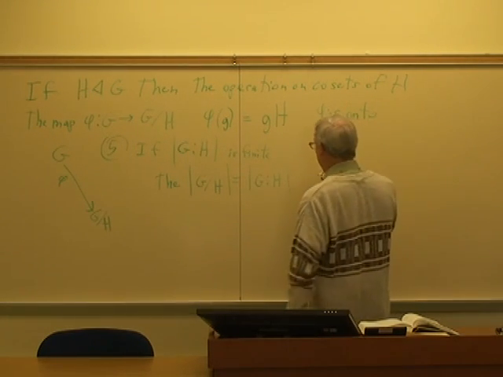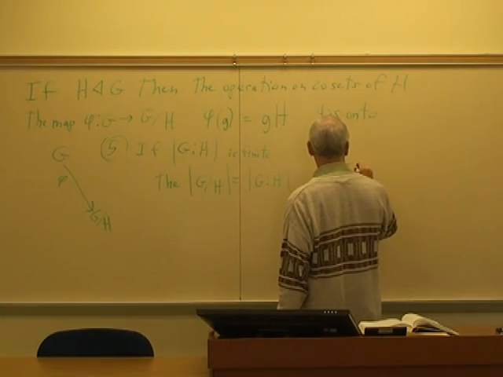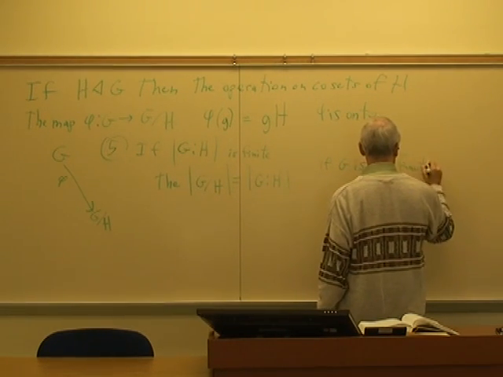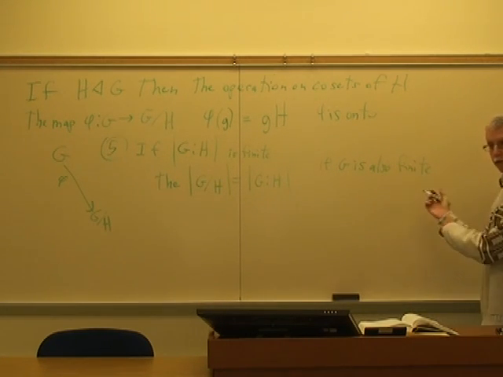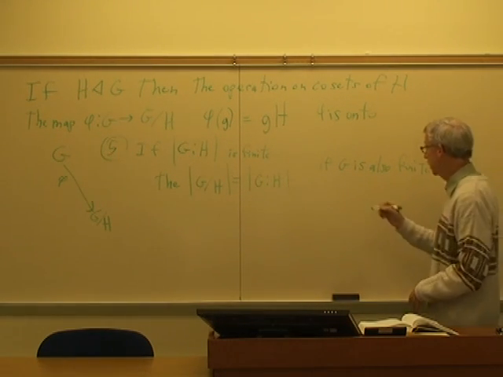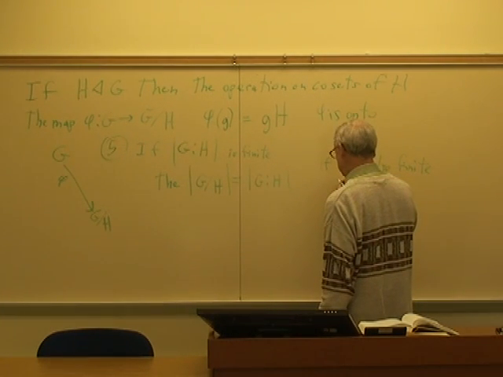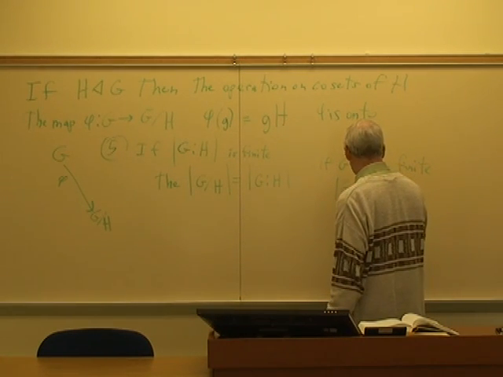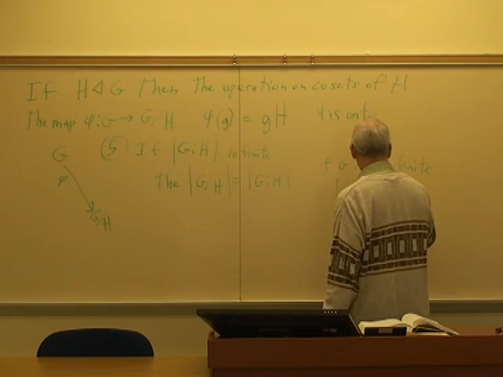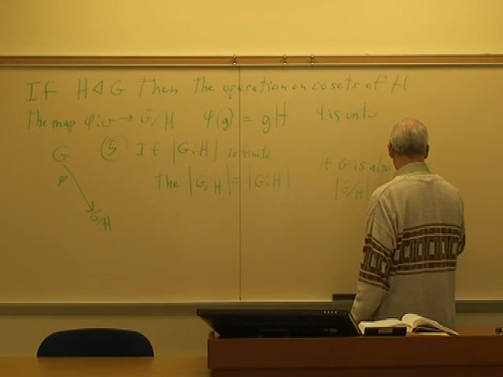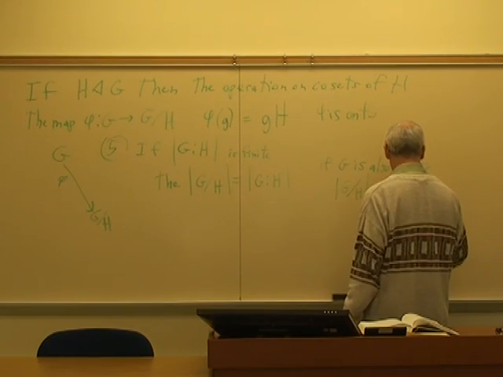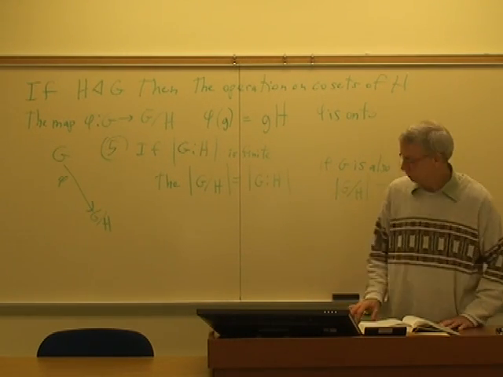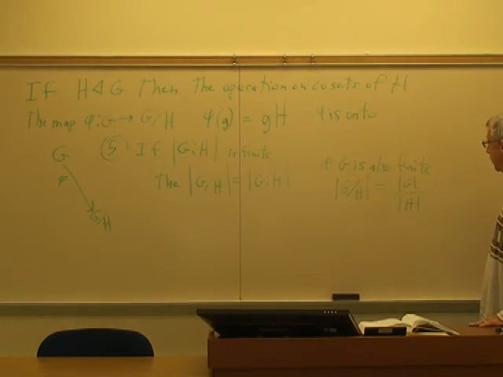But further, the important part of this, if G is also finite, then from our previous theorem, actually Lagrange's theorem, the size of G mod H is equal to the size of G divided by the size of H. How do we know that?